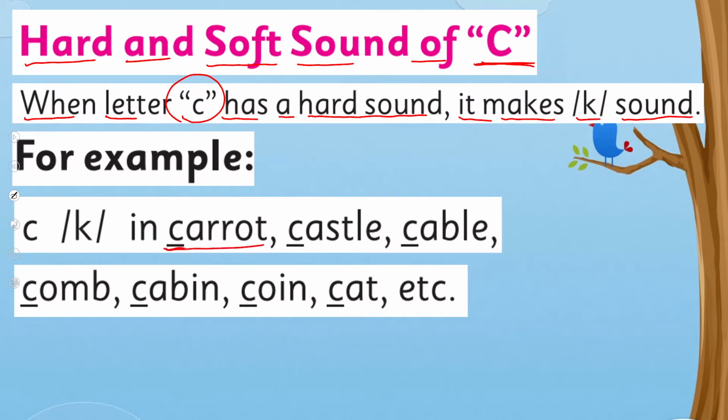Now here, letter C, the sound is K. Castle, cable, comb, cabin, coin, cat. Have you noticed wherever letter C is there, the sound is K sound. This sound of C is known as hard sound of letter C.